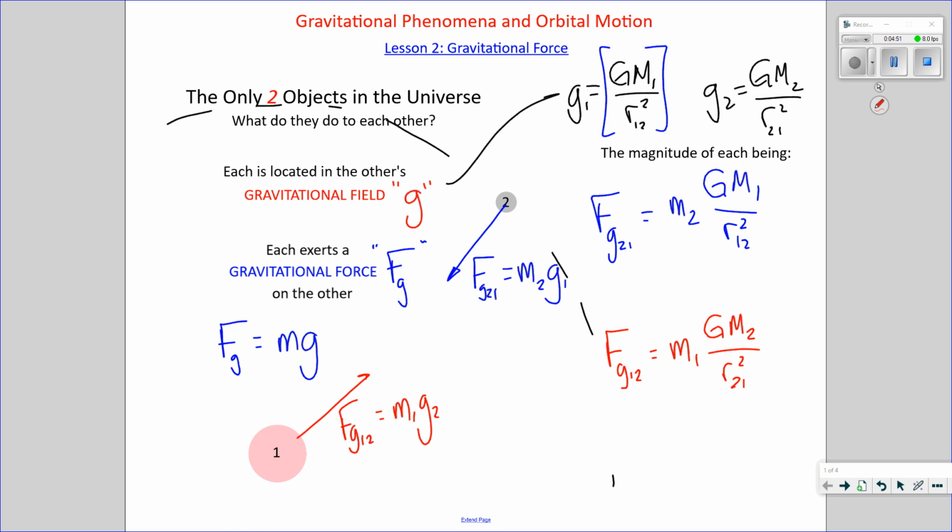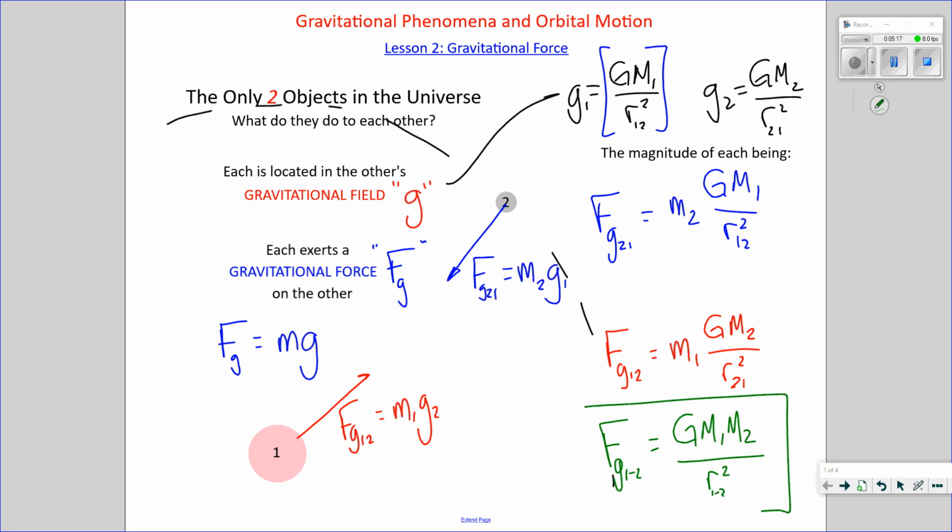And guess what? Those are the same exact thing. I mean, algebraically, arithmetically, it's the product of big G and the two masses, divided by the square of the distance between them. So we can say that a gravitational force on one object by another is G M1 M2 over r squared. And maybe we throw an r1 to 2 in there.